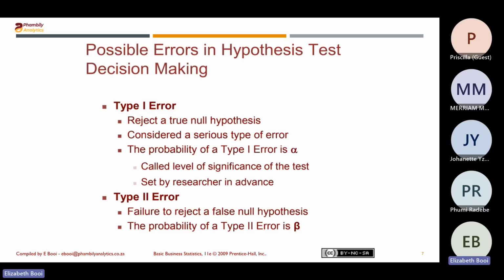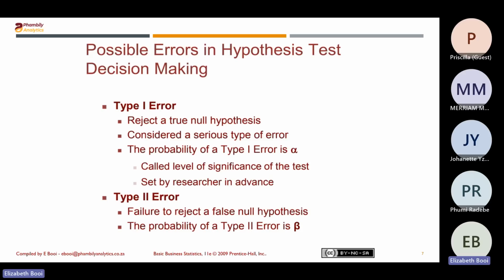This is the error that we are mostly going to commit every time we do the null hypothesis. We consider this a serious type of error, and it's the probability of a type 1 error. It's given by the level of significance, or alpha, which we also call the alpha value.